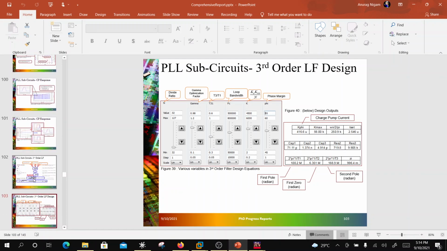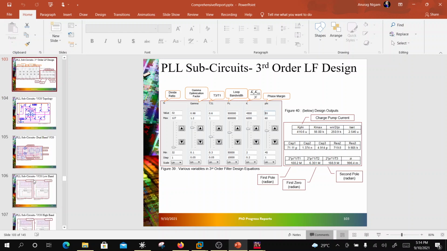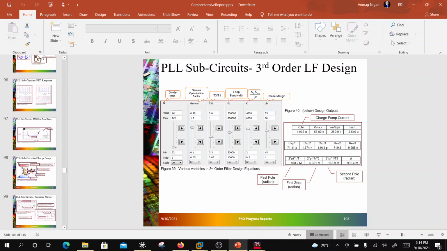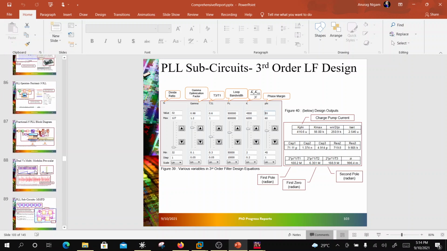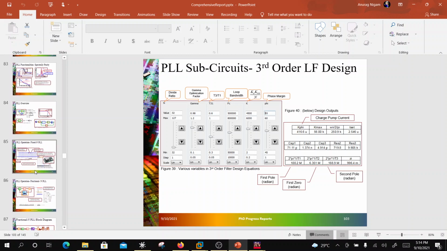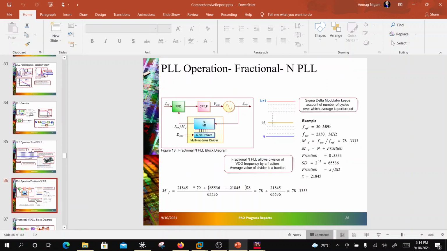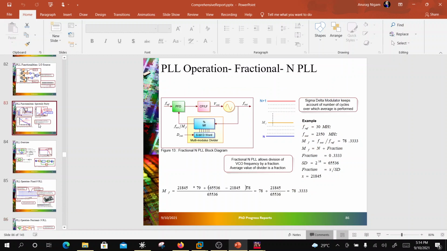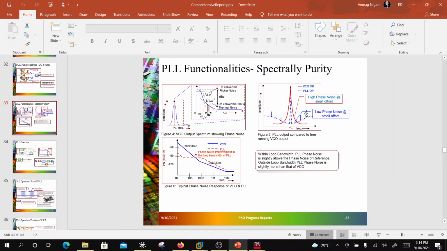So I am going to cover quite a lot of stuff here in this playlist for the multi-modulus fractional N PLL, right? And I have already discussed in one of the playlists what Leeson's model is for VCO phase noise, and what the various sources of these phase noises are, the shot noise, the flicker noise, and all that.